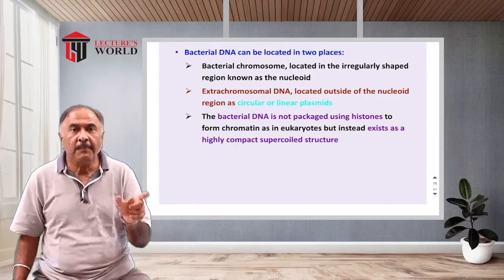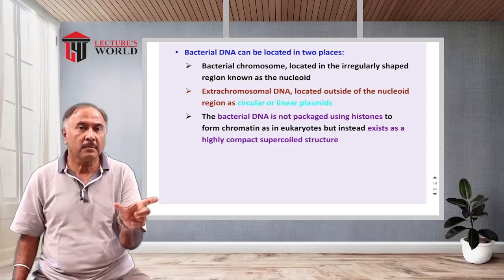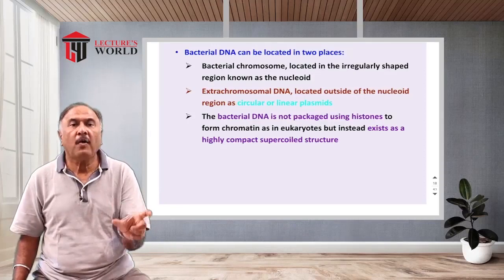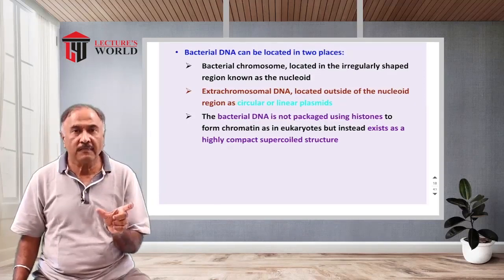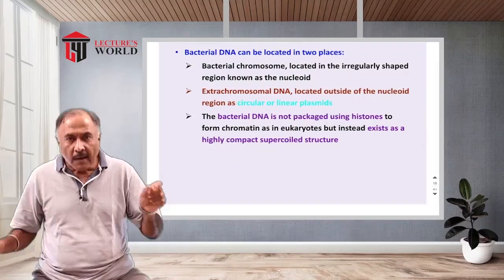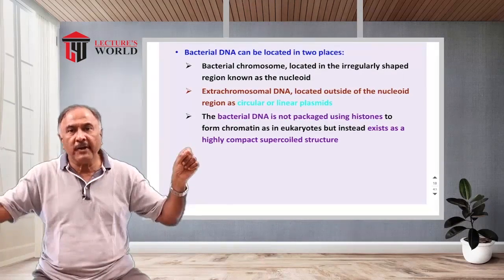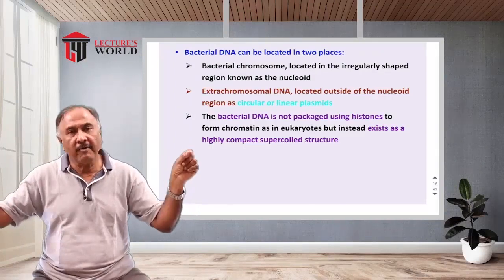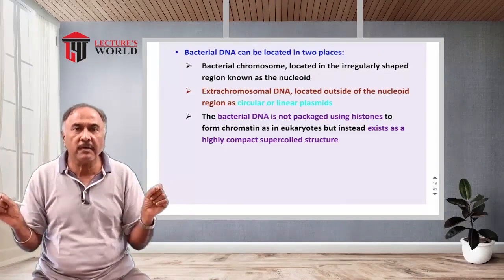That is, it can be around 500 micrometer in length or 1000 micrometer in length, depending upon the chromosome. So, if you stretch from one end to another, it will be 500 to almost 1000 times.